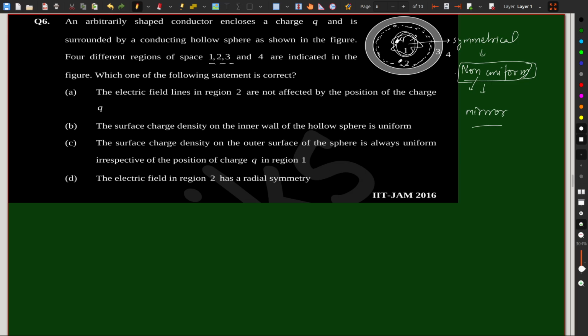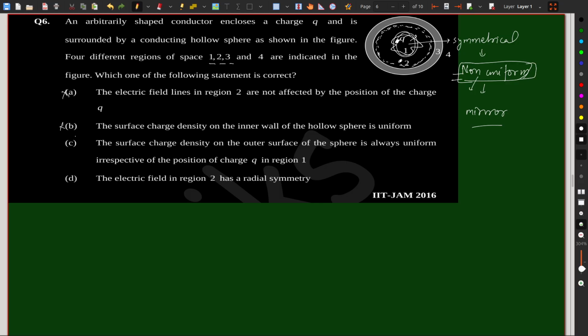Because this is not uniform, the charge will also not be uniform, because a high intensity electric field causes induction of more charge, and a low intensity electric field causes less charge induction. So somewhere it will be high, somewhere it will be low. So this charge distribution is not uniform. So the inner charge density on the inner wall of the hollow sphere is uniform, so this is incorrect.